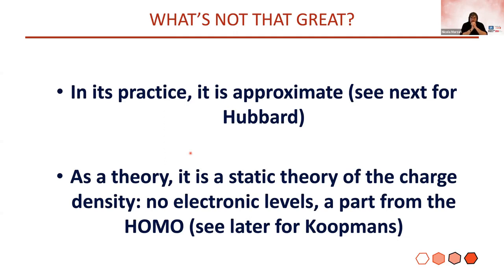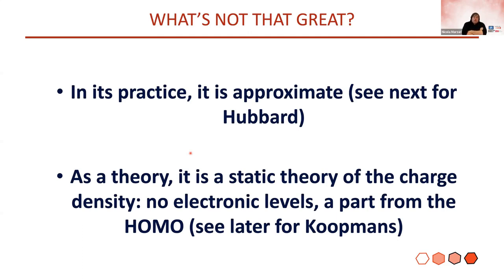But also remember, and this is very important, it is a theory of total energies. We say it's a static theory that just depends on an object that is static, is not dynamic, is not frequency dependent, it's local. And from a static theory, you cannot get excitations.